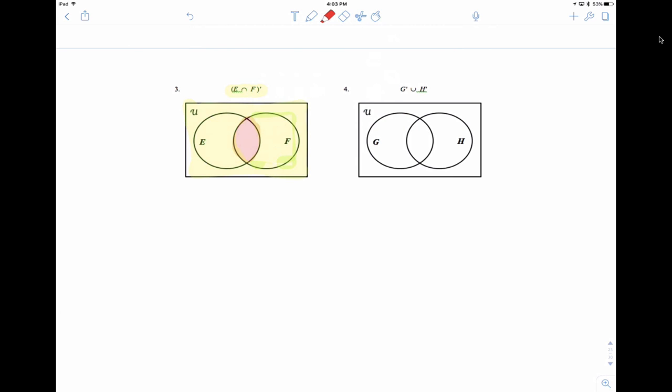Not G. Well, it'll have to do. Not H. What color would be good for that? So not H. Everything outside of H.